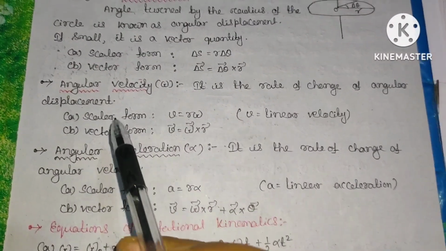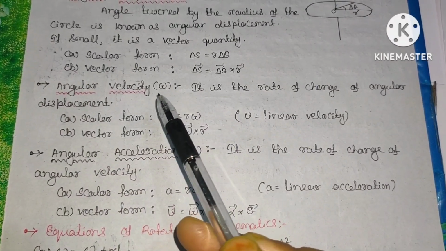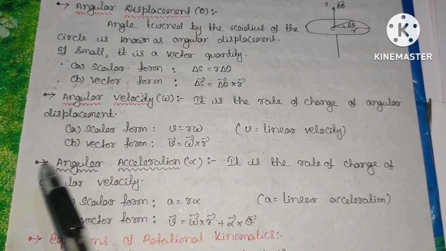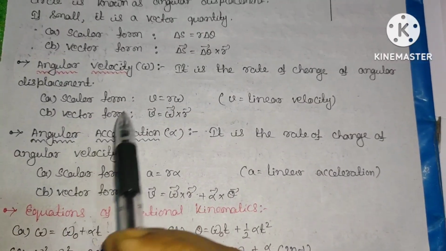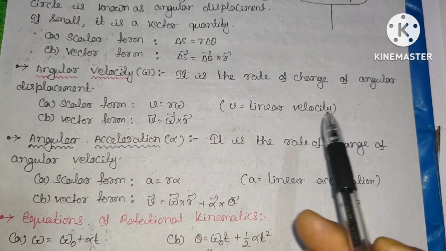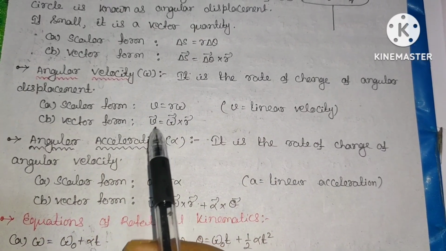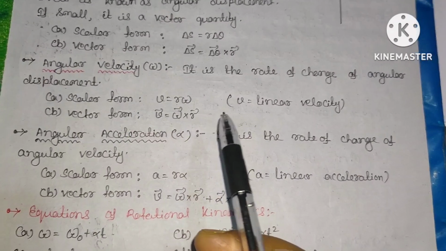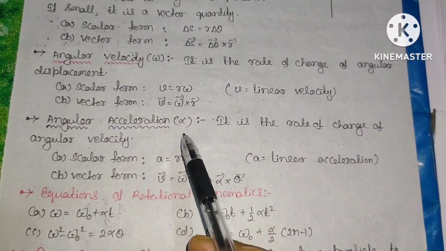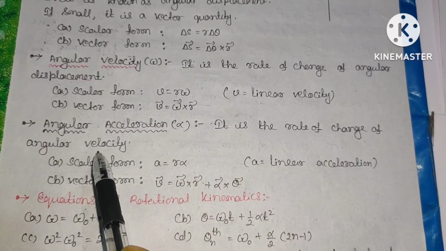The next comes angular velocity, that is denoted by omega. It is the rate of change of angular displacement. In scalar form, it is v equal to r omega, where v is the linear velocity, and in vector form it is v equal to omega cross r. Next, angular acceleration, that is alpha. It is the rate of change of angular velocity.